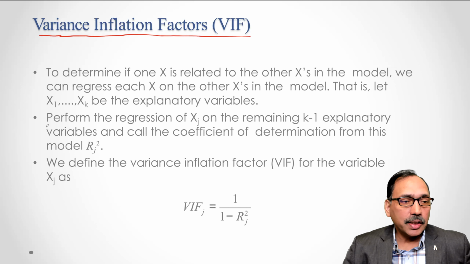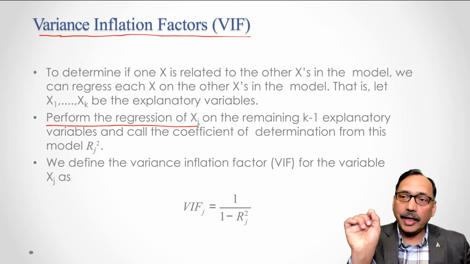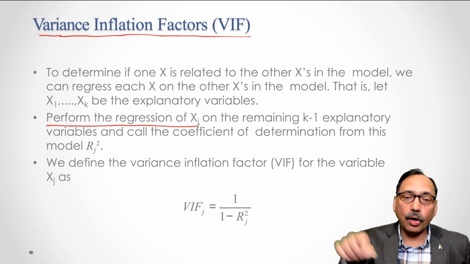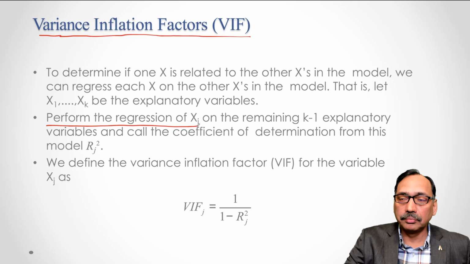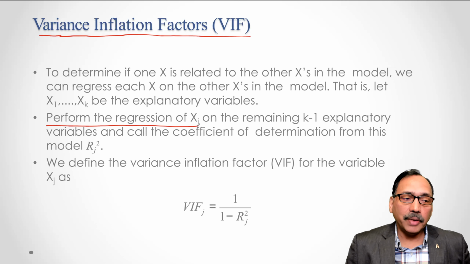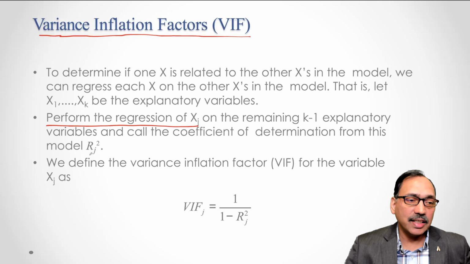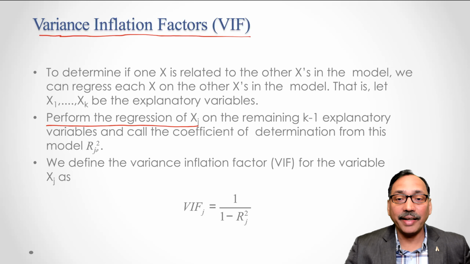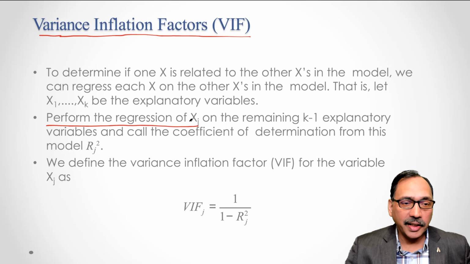What we do is perform a regression of, let's say, one of those variables on the remaining k minus 1, and call the coefficient of determination from this rj square. So that's the r square related to that jth variable.